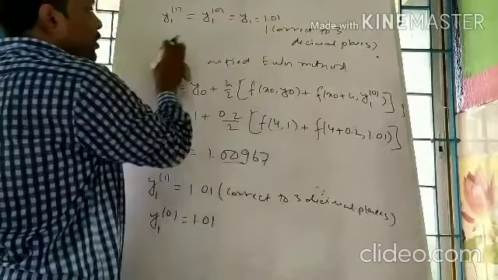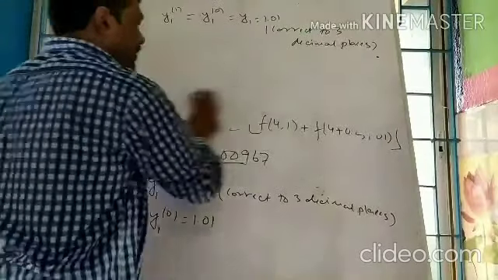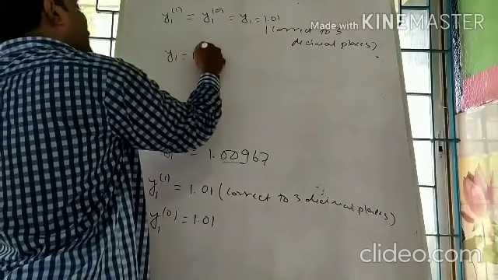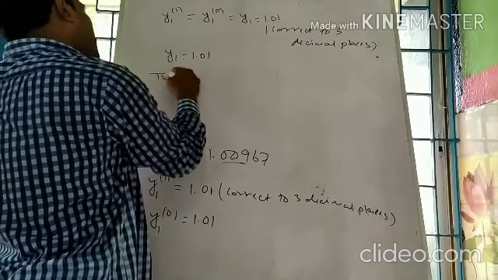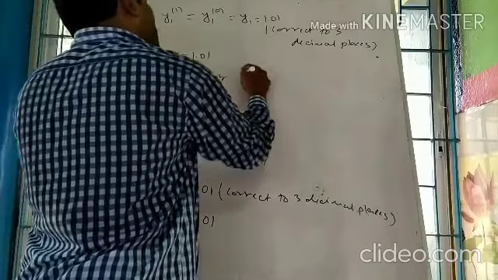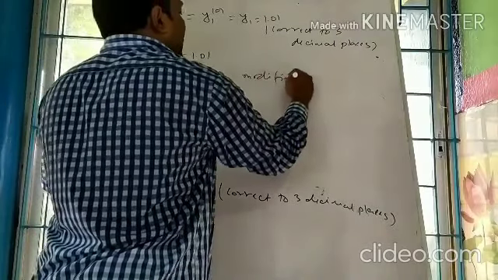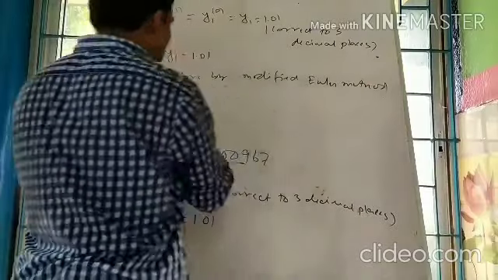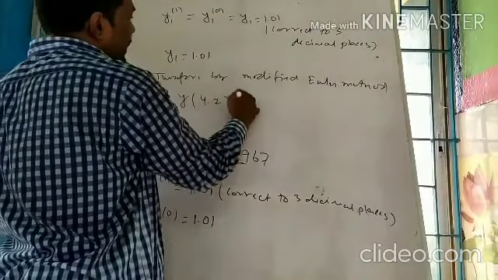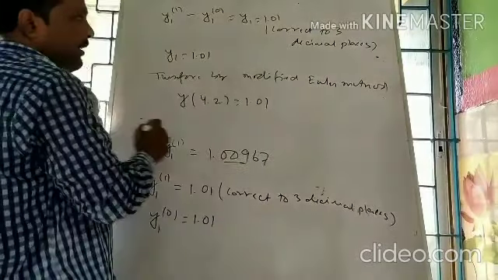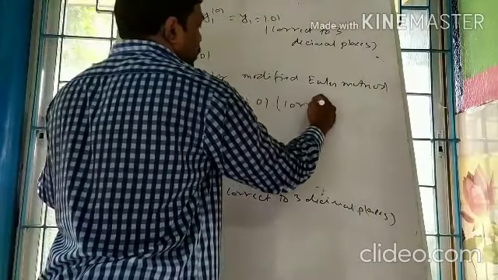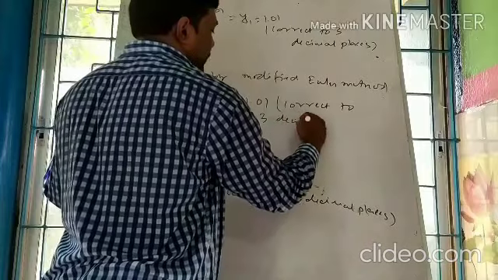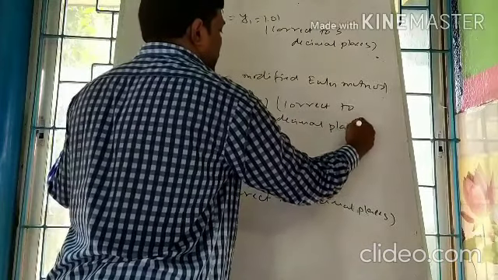So the value of y1 is 1.01. Therefore, by modified Euler method, y at 4.2 is 1.01, correct to 3 decimal places.